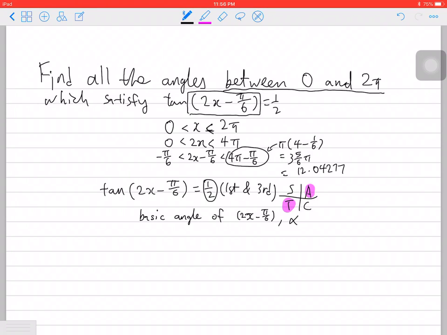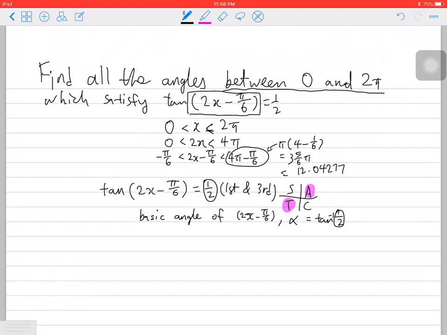So basic angle will be equals to tangent inverse half. A reminder to everyone, when we are finding basic angle, the fraction that we are using over here is always positive, irregardless of what the question has given us.